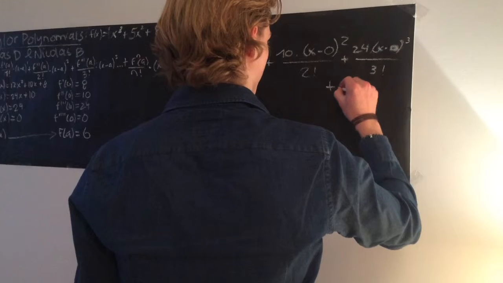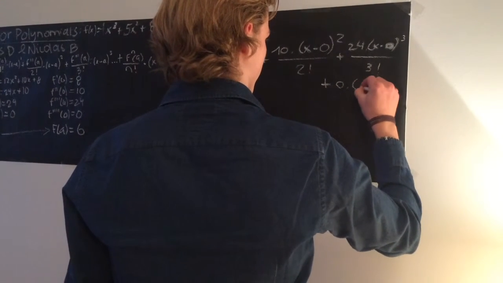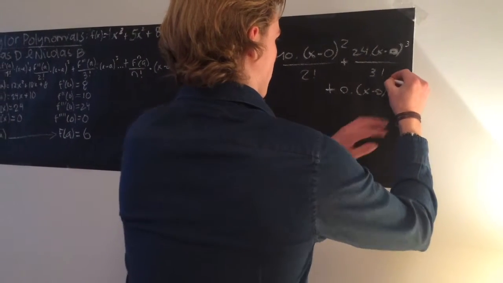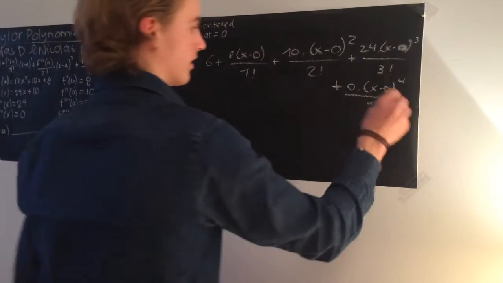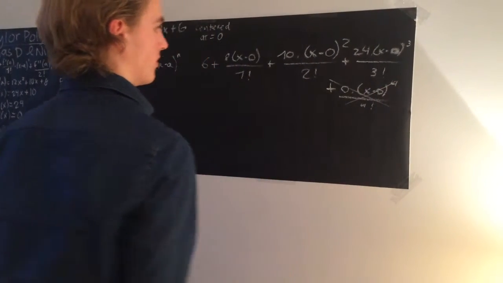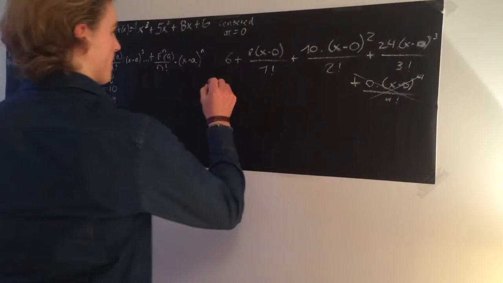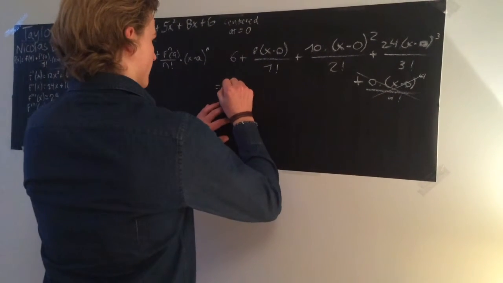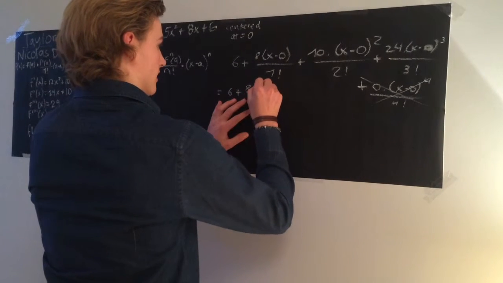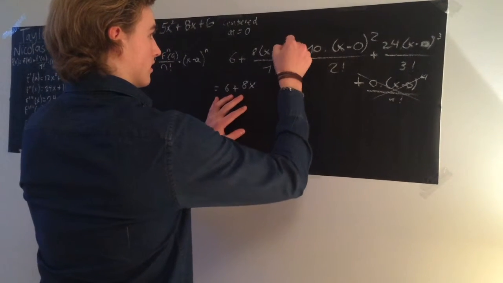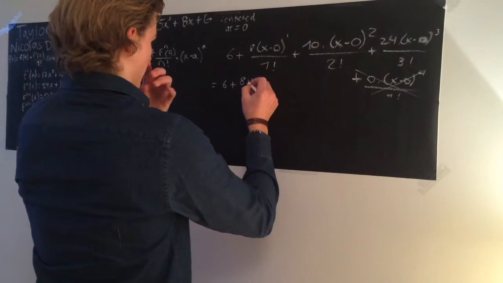So 0 times x minus 0 to the 4th power divided by 4 factorial. This is going to cancel out, so I can already cross this out. Then we're going to have 6 plus 8x. This is to the first power, by the way.